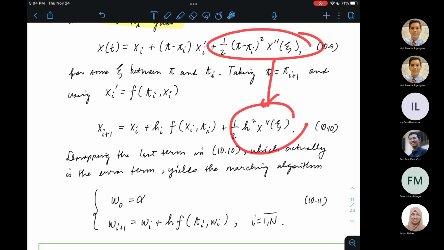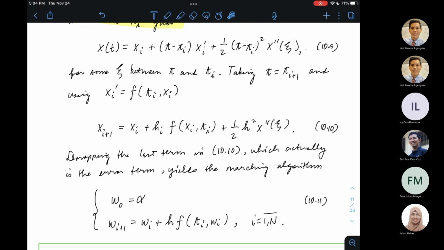Madali lang pala to kasi hindi ko napapalitan yung x double prime of c. Why? Because c is an unknown number. We don't know what the number is except that it is a number between t sub i plus 1 and t sub i. We don't know if c is one of the discretization points. Actually, hindi pala siya discretization point kasi siya ay isang number lang sa pagitan ni t sub i plus 1 at ni t sub i.